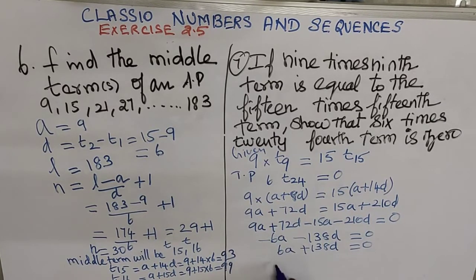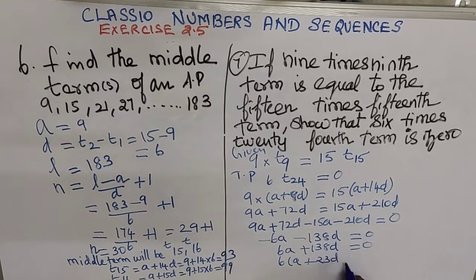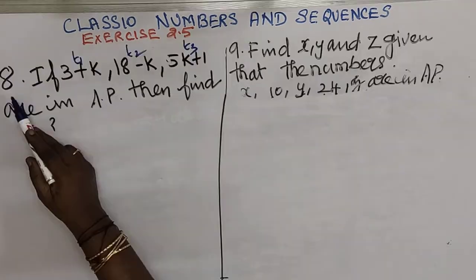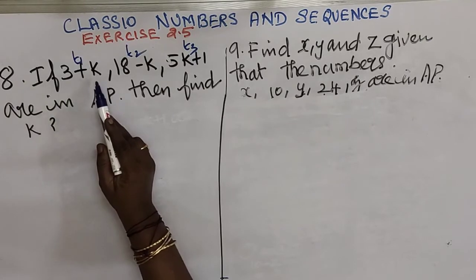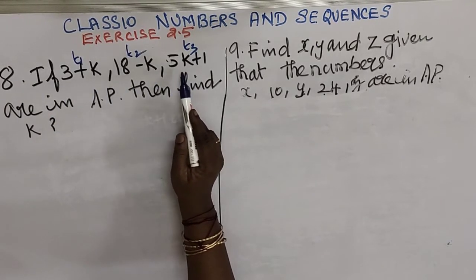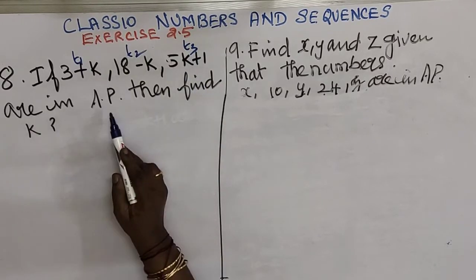Take 6 outside: A plus 23D equal to 0. This is nothing but 6 into T24 equal to 0. So hence proved.